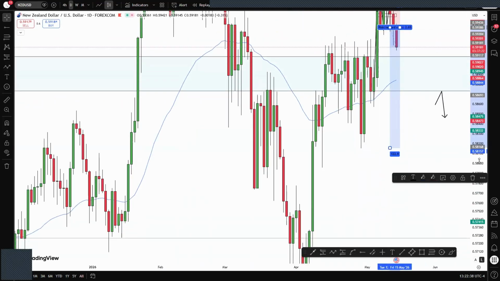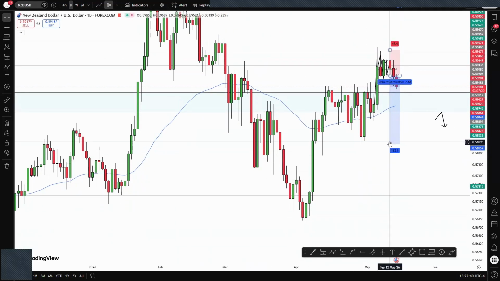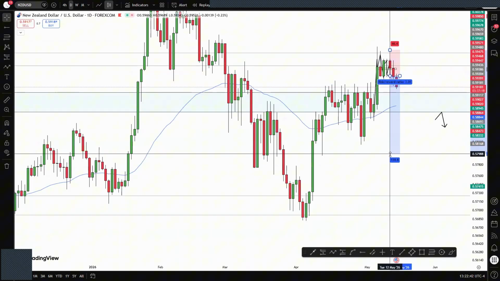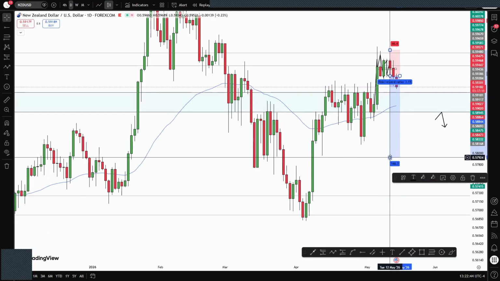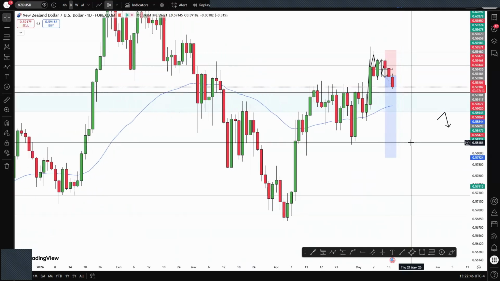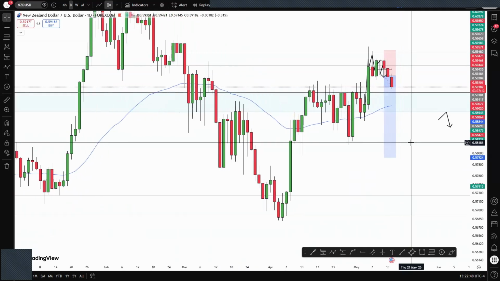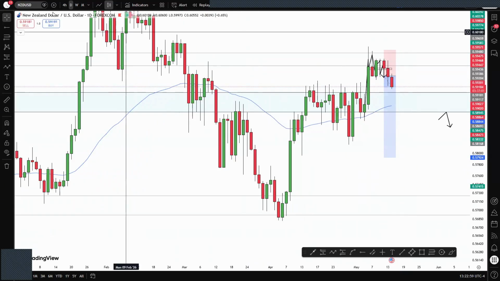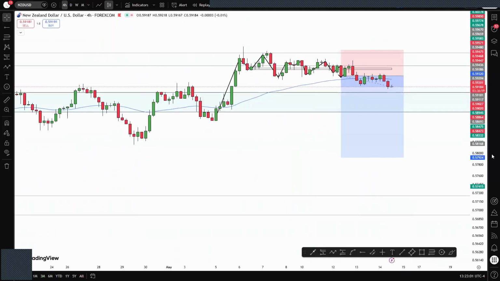Yeah, so from here you can target your 1 to 3 easily, which is around this level here. But the only reason why I didn't choose to take this sell is the daily was bullish, even though the 4 hour was bearish.